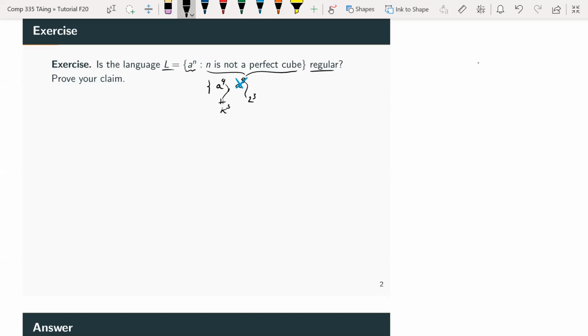So this cannot be expressed as k to the cube, but this can, and so we won't want this in our language. And essentially, it's going to be very difficult for a simple FA that has no memory whatsoever to keep track of such strings. So that should be the intuition behind the answer: for more complicated languages, you're going to need some memory.